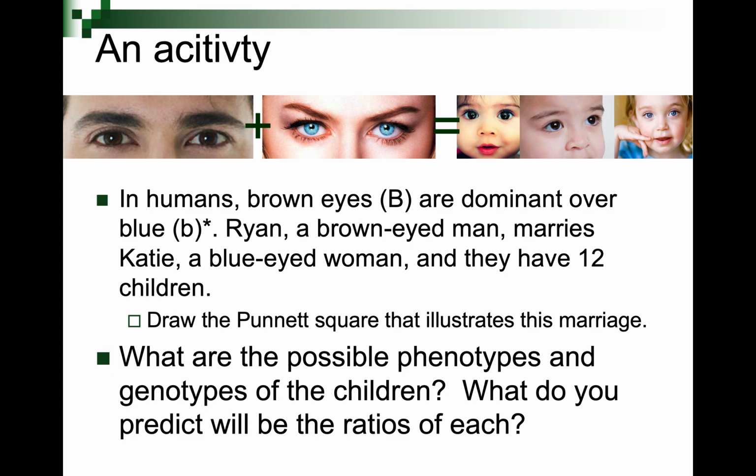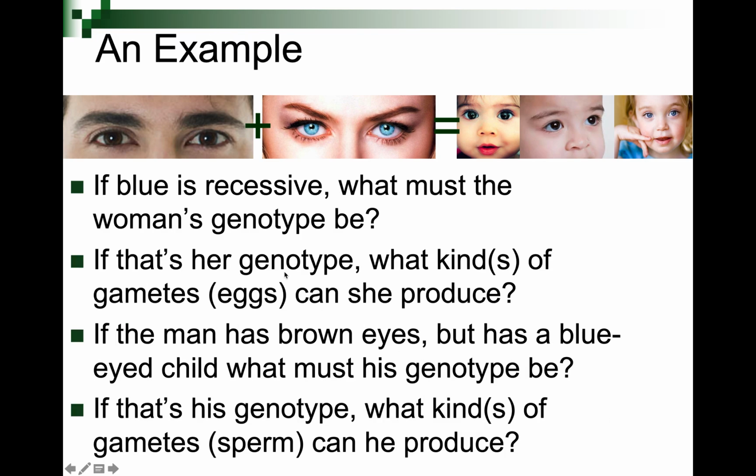Now, you should be able to look at this and sort it out. There are clues hidden here that will help you understand the genotypes of both Katie and Ryan. Okay, so if blue is recessive, what must be the woman's genotype?